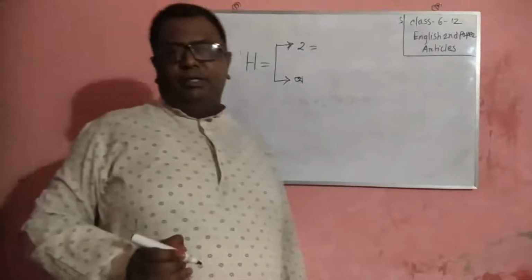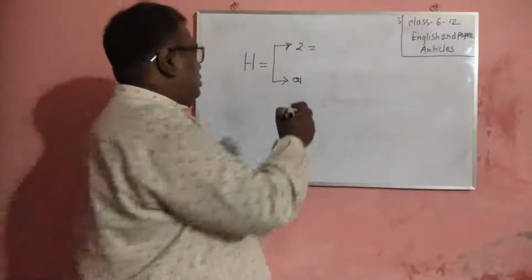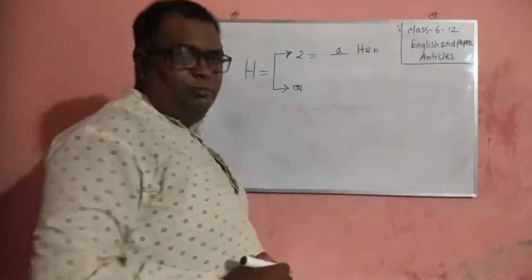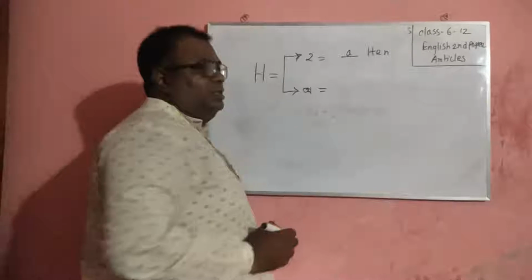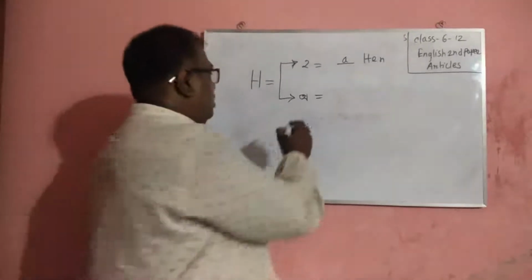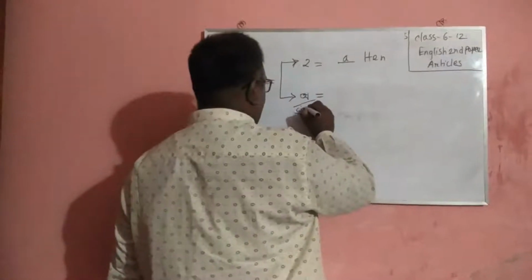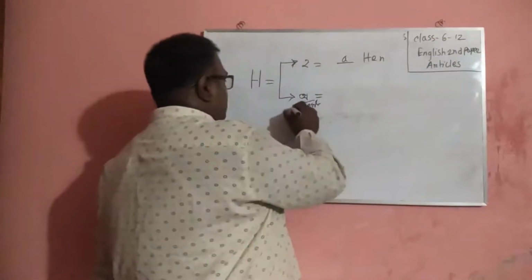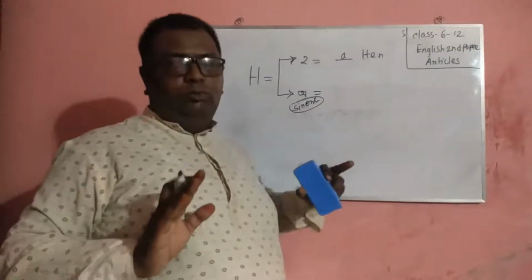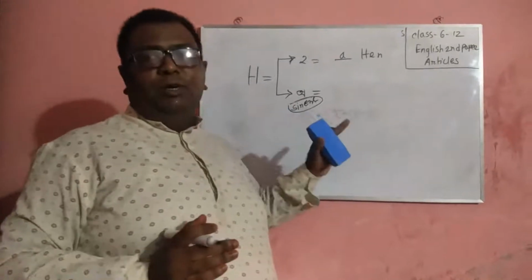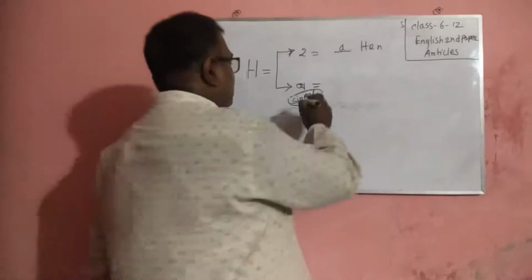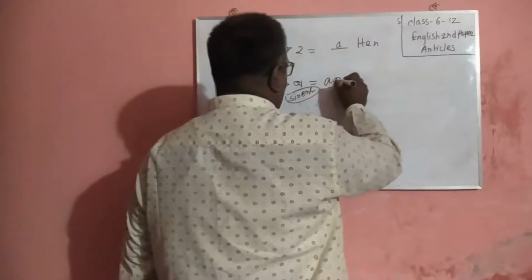If H is pronounced ho like hen, then we use A. But if H is silent, there is no pronunciation of H, then we use AN.